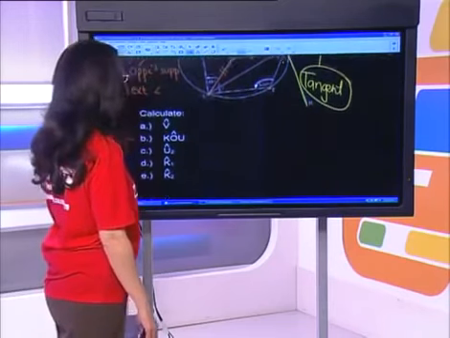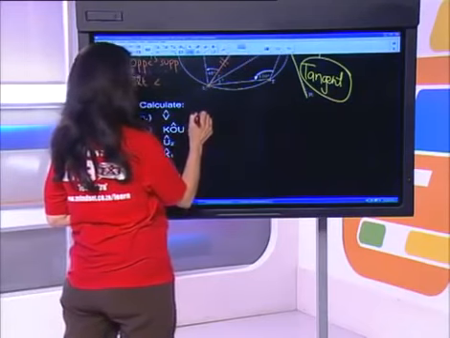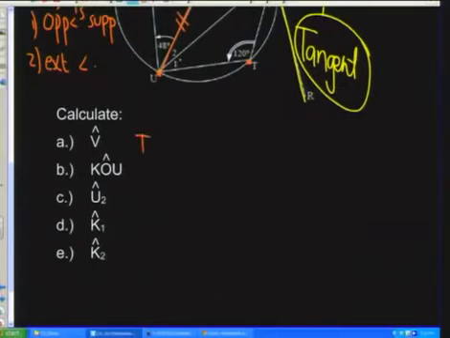Now remember that geometry requires you to be able to give reasons for what you're doing. So you would say angle T plus angle V is equal to 120 degrees. Why am I saying 120 when it's actually 180?